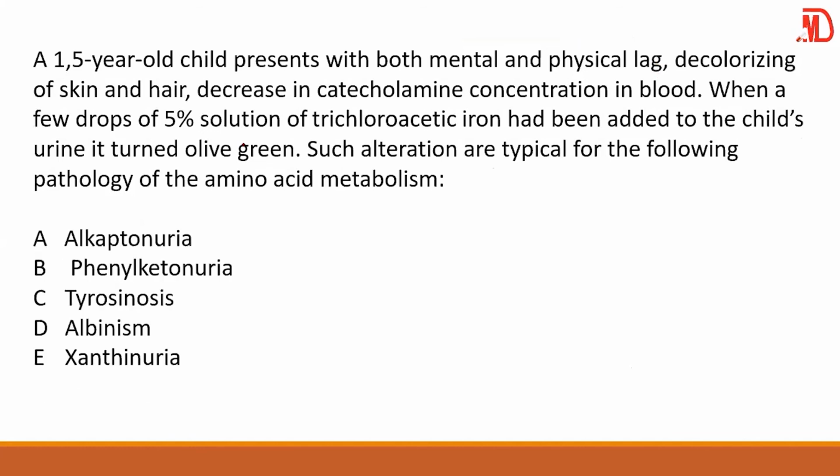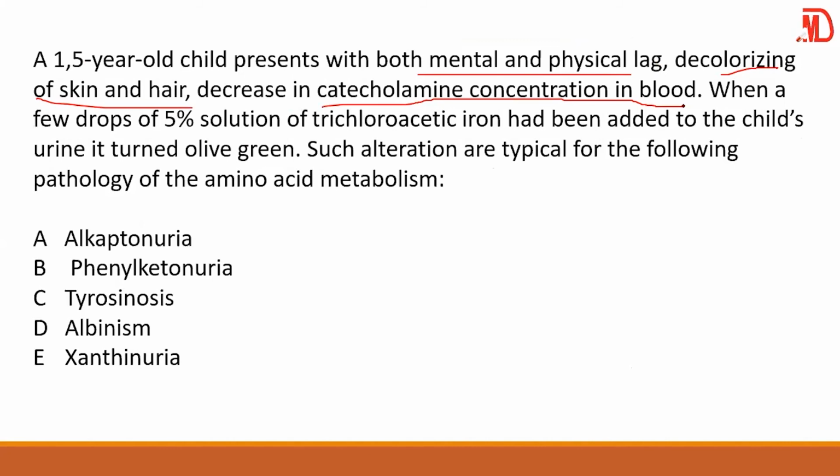We are having a 1.5-year-old child presenting with both mental and physical lack. When we say mental and physical lack, that means there's a retardation. The person is not growing well. There is decoloring of the skin and the hair, and a decrease in catecholamine concentration.